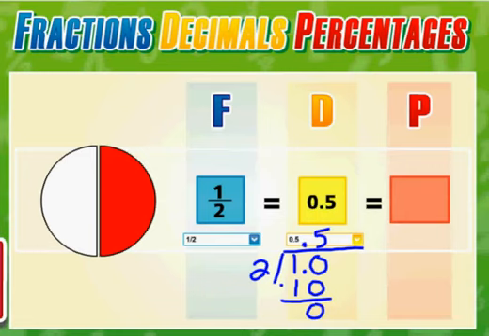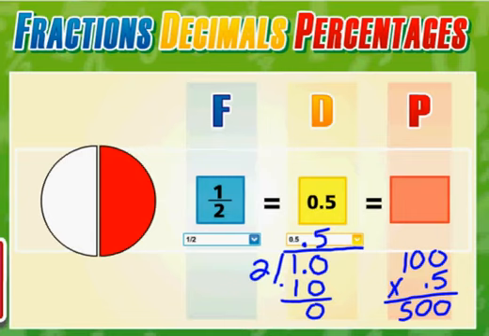Now, a lot of times people get nervous when they have to convert decimals into percentages, but it's really a very simple process. All the process really entails is taking your decimal, in this case 0.5, and multiplying it by 100. So if we wanted to take 100 and multiply that by the 0.5, 5 times 0 gives us 0, 5 times 0 gives us 0, 5 times 1 gives us the 5.